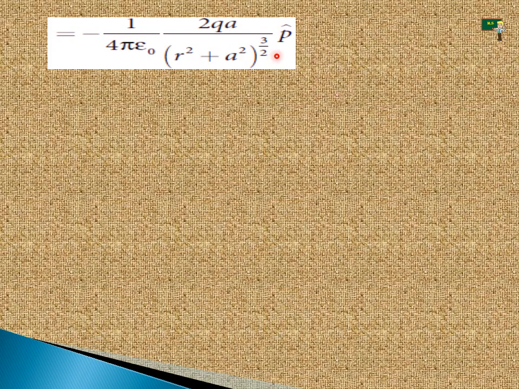If you multiply that root of R square plus A square here, then you will get the value minus 1 by 4 pi epsilon 0 into 2qa divided by R square plus A square, the whole bracket to the power 3 by 2, P cap.